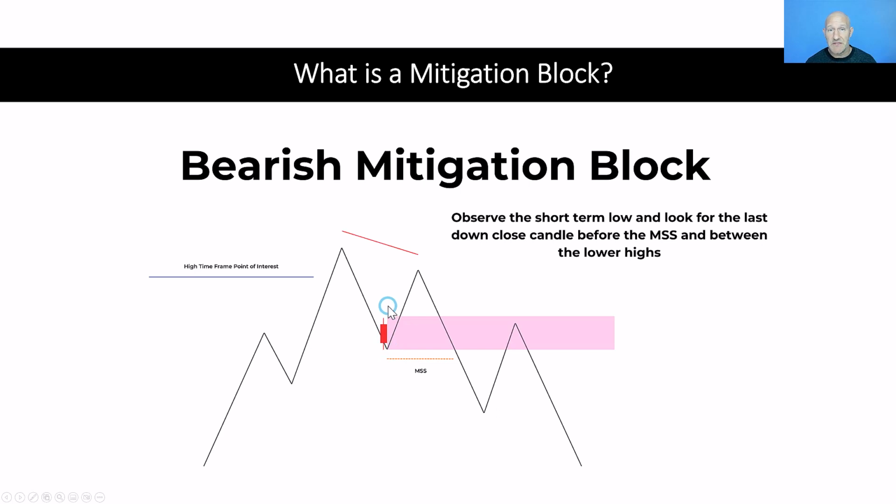I've illustrated that with a down close candle here, and then highlighted it with a pink box, which gives us our zone of interest. The market trades higher, we have our market structure shift, and the market comes back up into that pink box, price reacts to it and then trades lower. That's how we would find our bearish mitigation block.